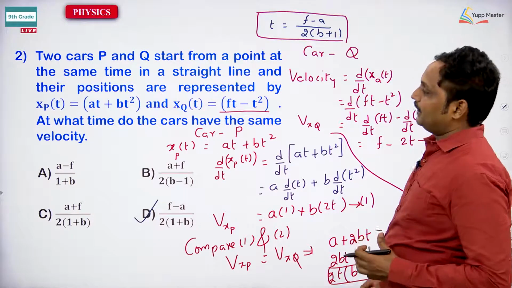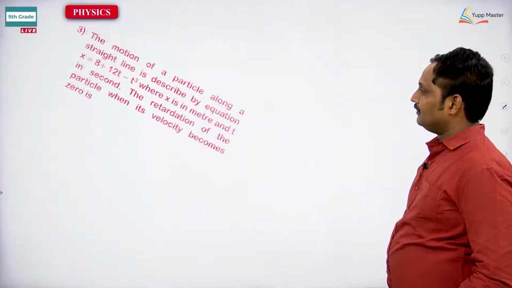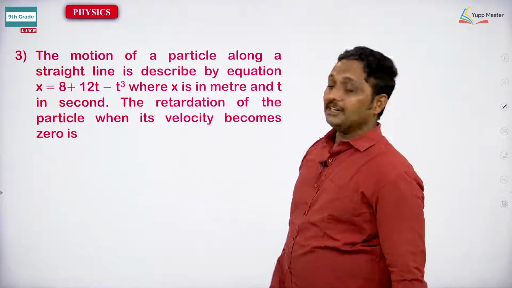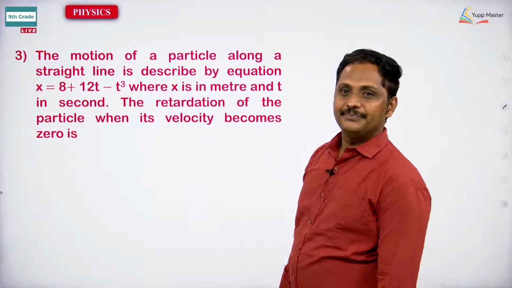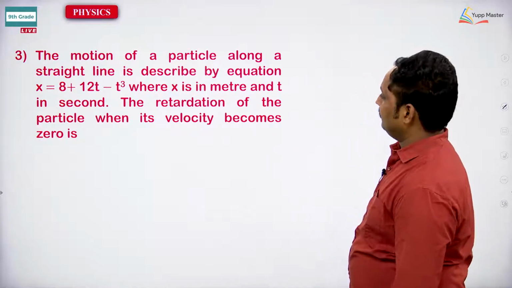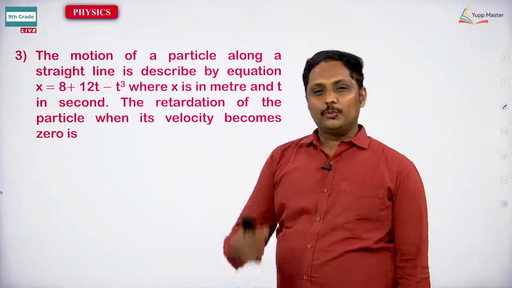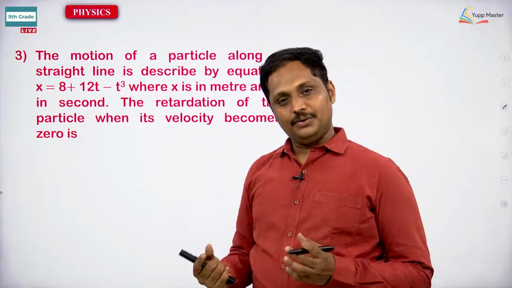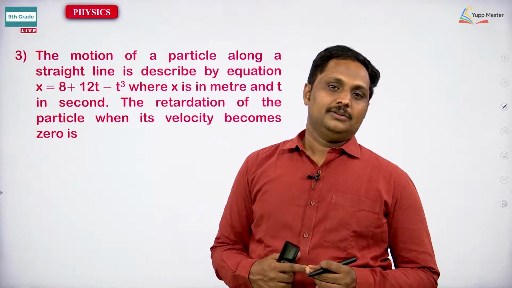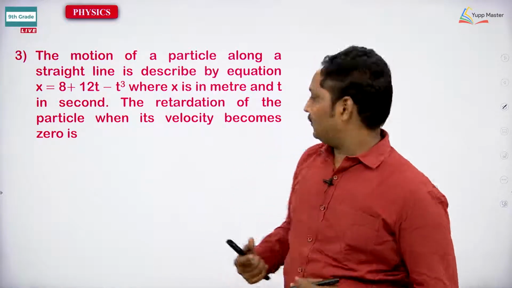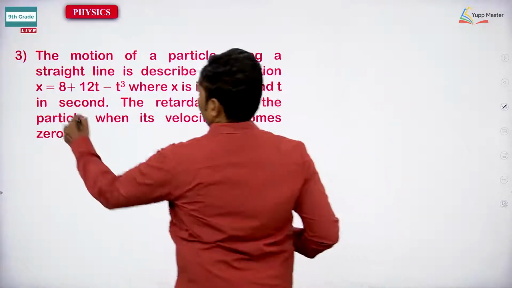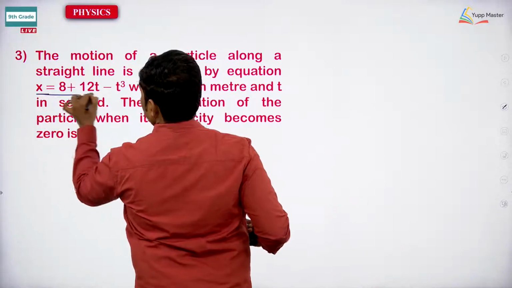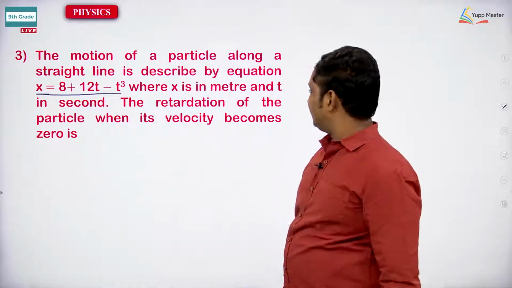Let us go for another problem, right. So, the motion of a particle along a straight line is given. The motion of the particle has been described by a function, simply x is equal to this one, where x is in meters.